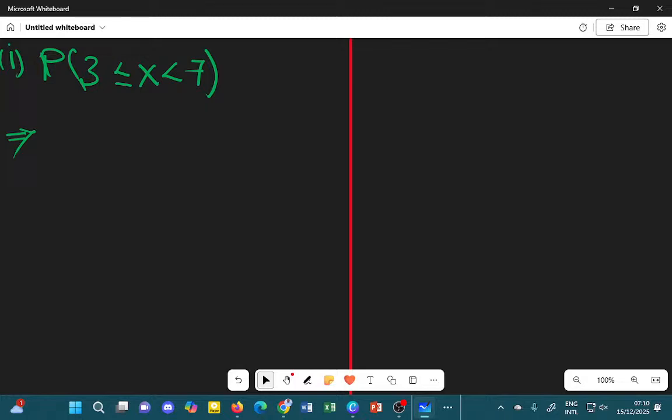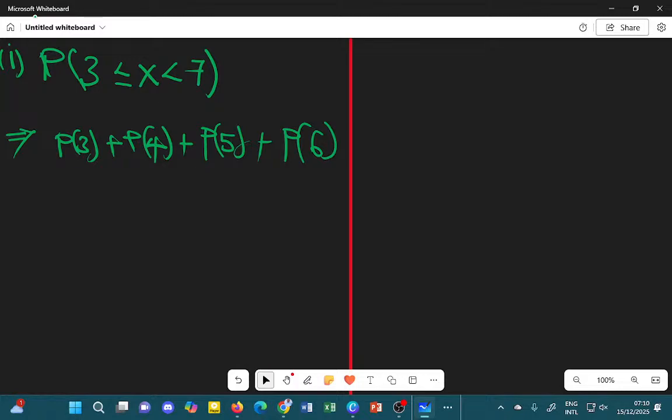But it's less than 7, not reaching 7. So the options we have are the probability that it is 3, plus the probability that it is 4, plus the probability that it is 5, plus the probability that it is 6.